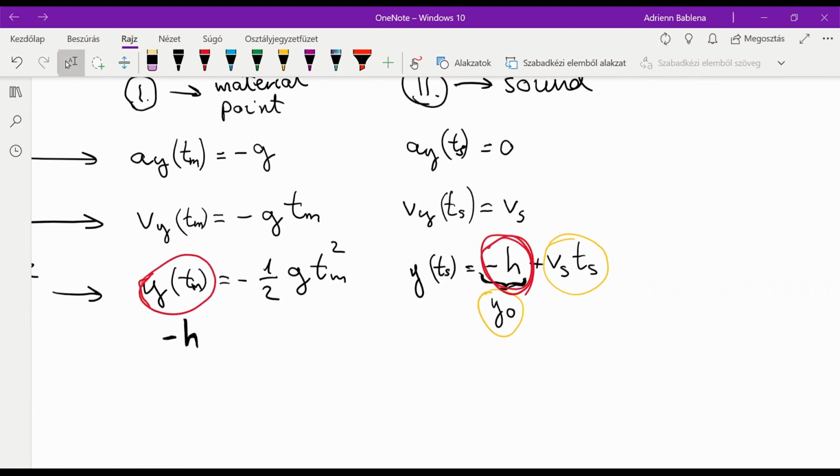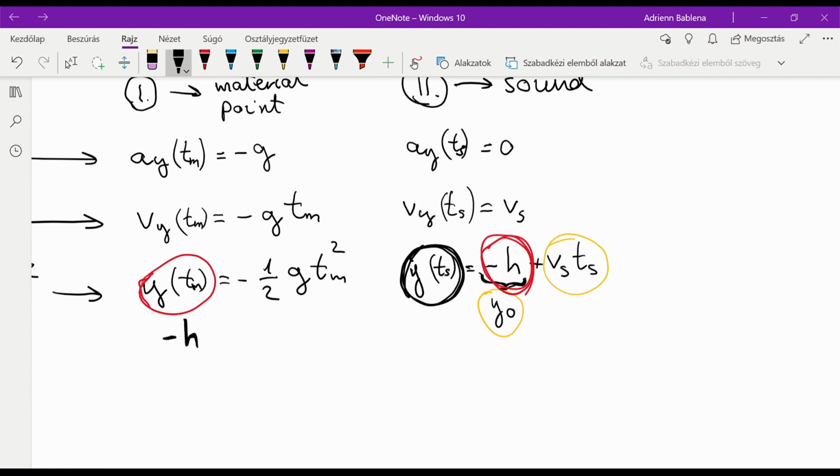And also we know the ending position of the sound. So we hear the sound. We are standing at the origo.